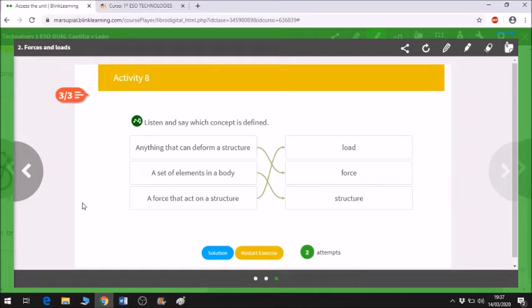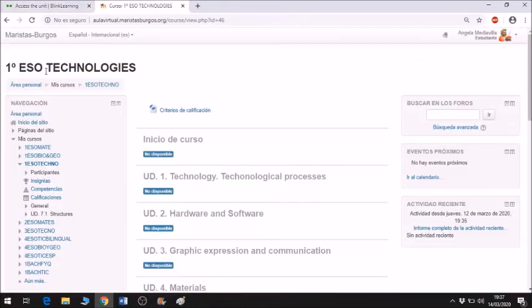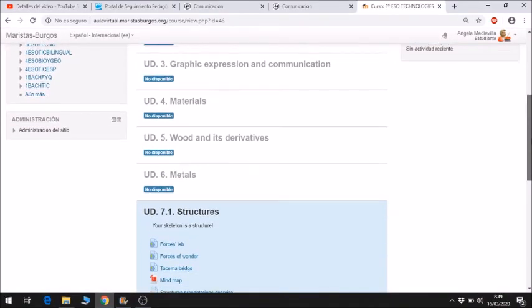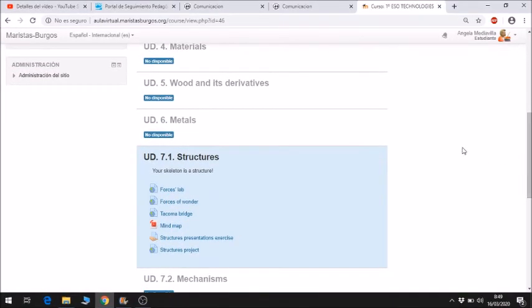Okay, I am going to explain you homework. Entering in the aula virtual in first of ESO technologies. You must look for Unit 7 structures, and here is the one that we must complete. Is the one that has a little hand.